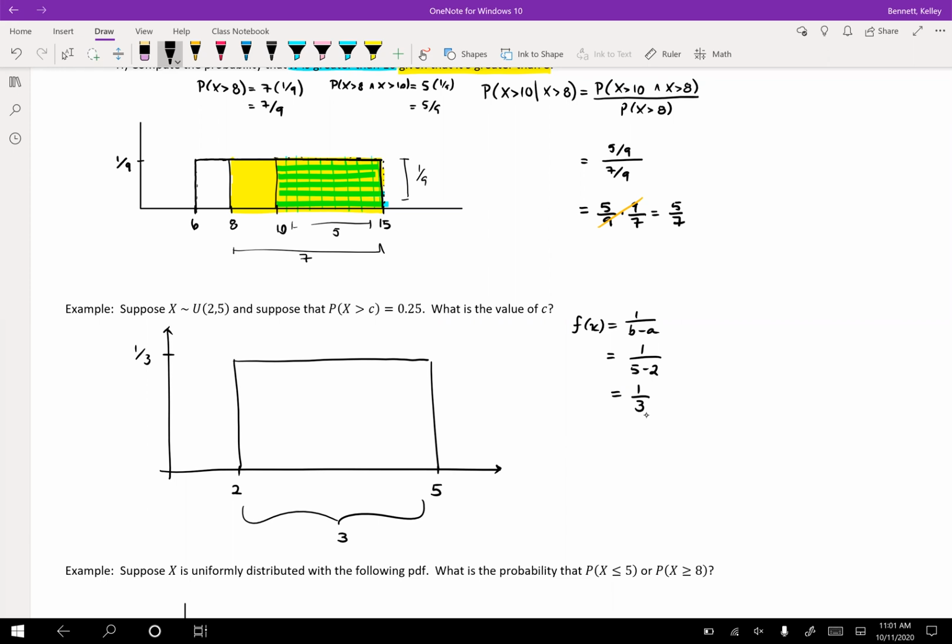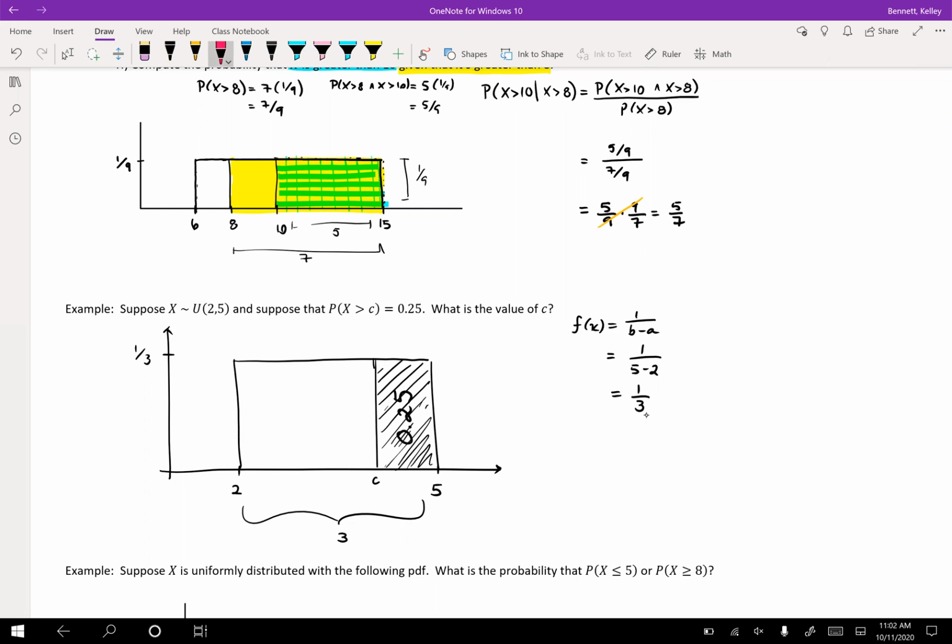So first of all, I'm looking at X greater than C, so that means I'm looking to the right. If this is C, I want this area to be 0.25. And now I just need to find C. So what is the area of this region? Well, it's going to be base times height.